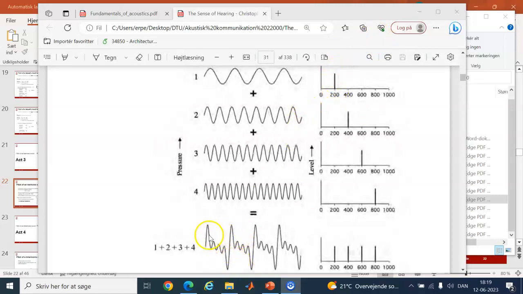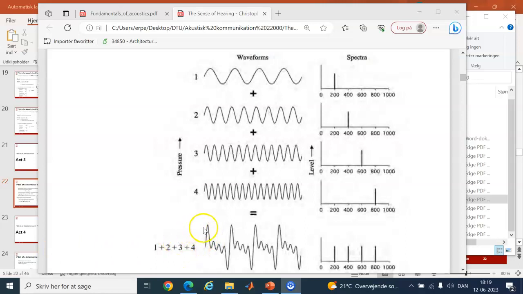From here to here is 5 milliseconds, with 1, 2, 3, 4 peaks, so the period from here to here is 1.25 milliseconds.